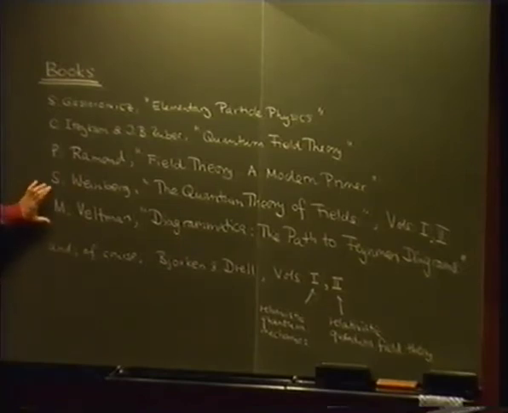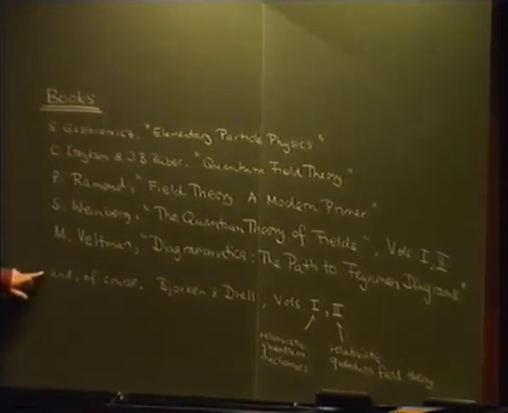And this is the point of view adopted here. If you want to get quickly to the real meat of quantum field theory, in the sense that you want to learn quickly about how to calculate scattering amplitudes and so on, then this is very well described in here.